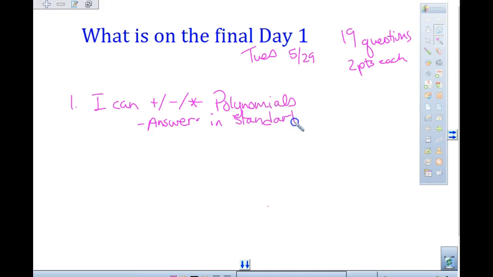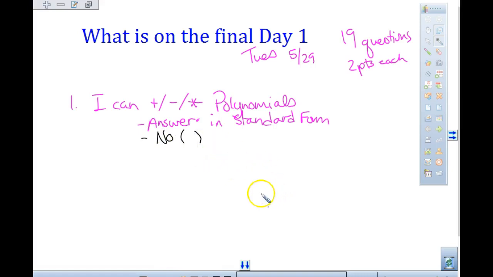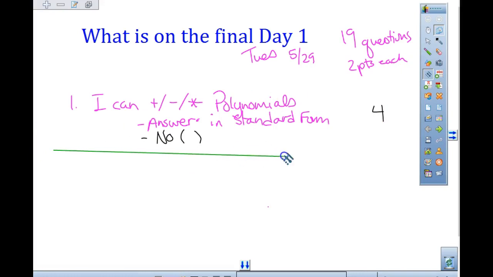When it says write that polynomial by add, subtract, and multiply, there should be no parentheses anywhere in the problem. Because if you had two things being multiplied, like x minus 2 times x plus 2, your goal is to eliminate the parentheses. There are 4 questions in that first one that we're going to be looking at.